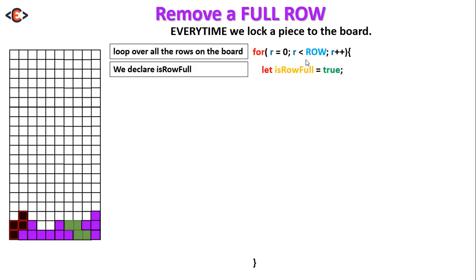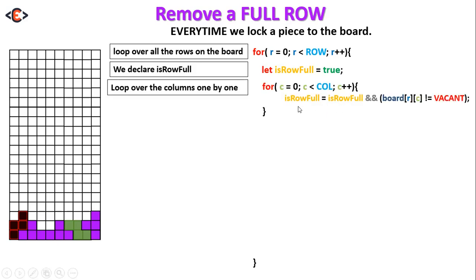After that, we have to loop over the columns one by one. So we'll use a for loop, and then inside we will say isRowFull equals isRowFull and the board with index r, c is not vacant. What does this mean?